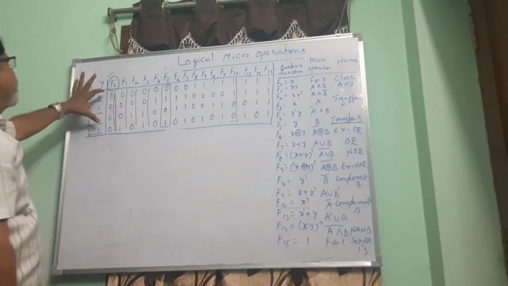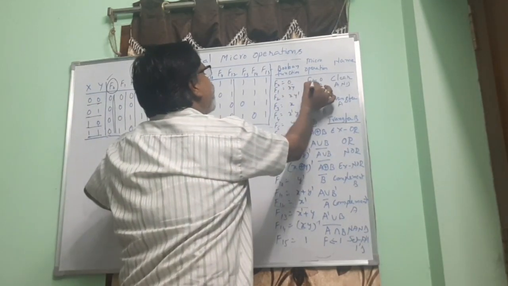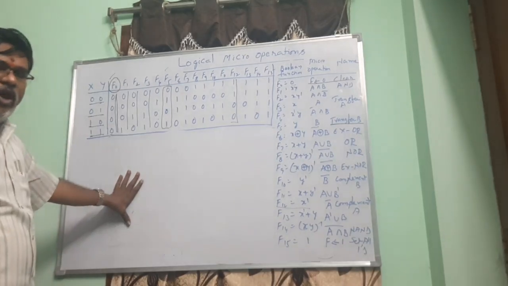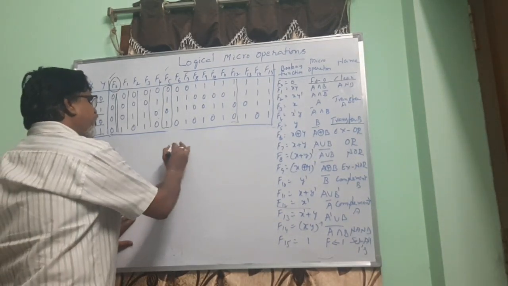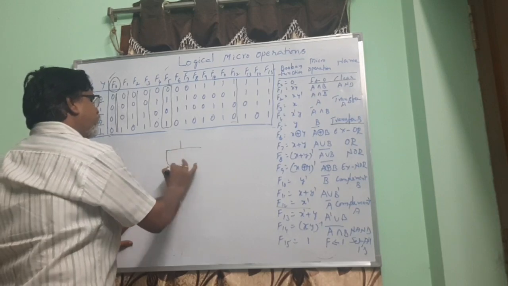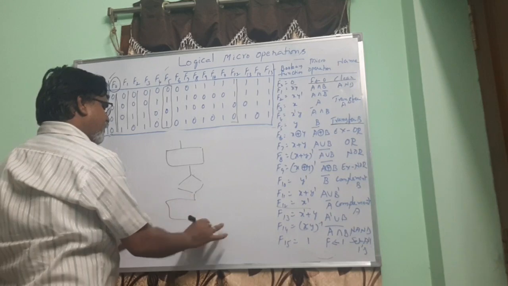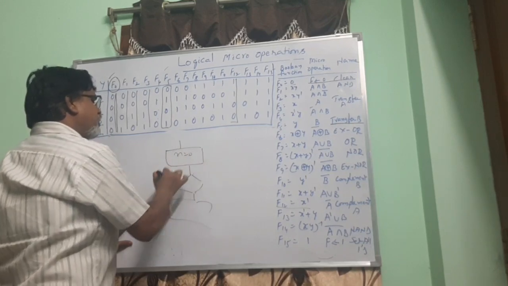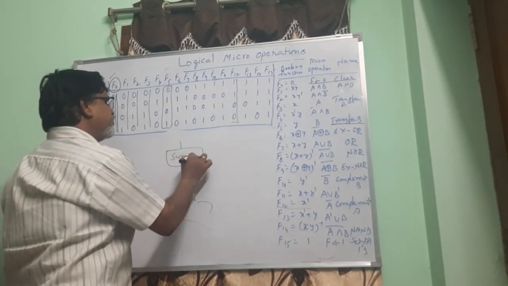See, first F0, all zeros. So F0 is equal to 0 means clearing the output. Whenever you are going to write a C program, something like n is equal to 0, and what you are going to do is add 10 numbers, initially you will say sum is equal to 0.